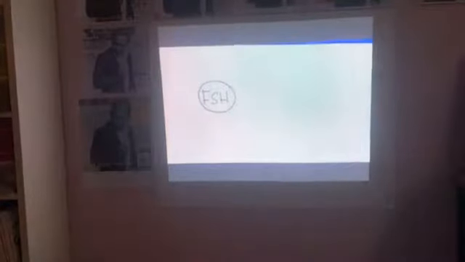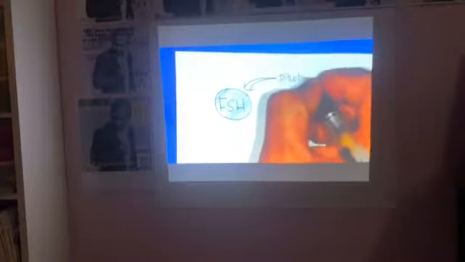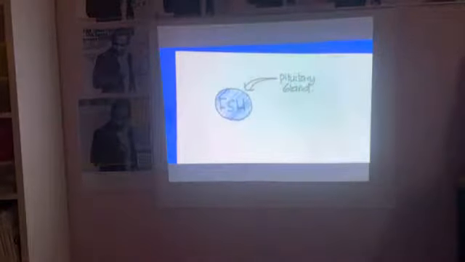Okay, FSH is a hormone. So, for hormones we will use the blue color. FSH is the hormone, which is secreted by the pituitary gland. So, the pituitary gland is the gland, of course.